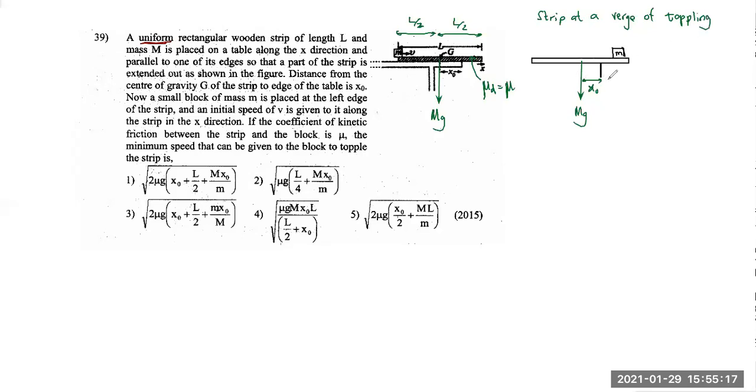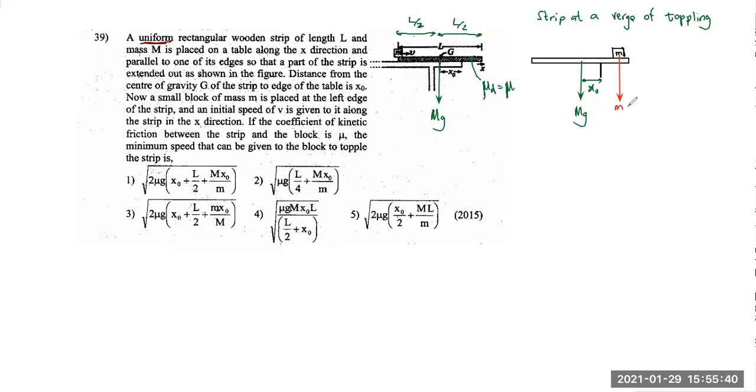And there will be another weight here. It has not gone to the cornermost point. We don't know that. So its weight will be acting like this, mg. I'll mark it in another color, let's mark it in red. Simple mg will be acting.